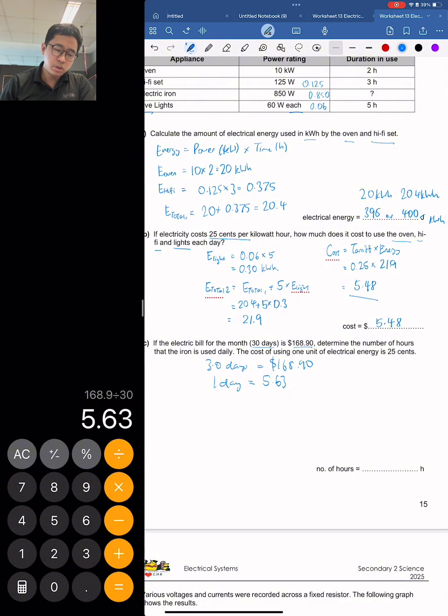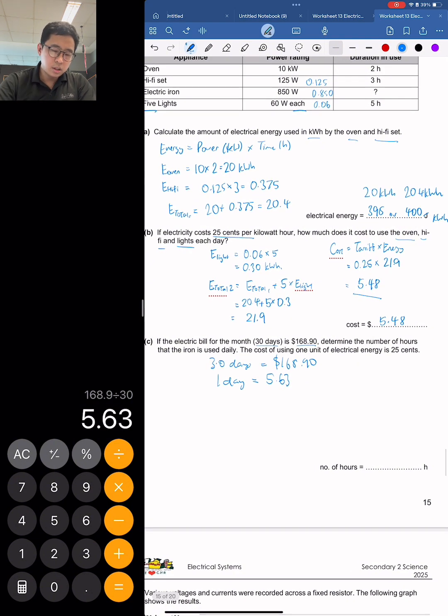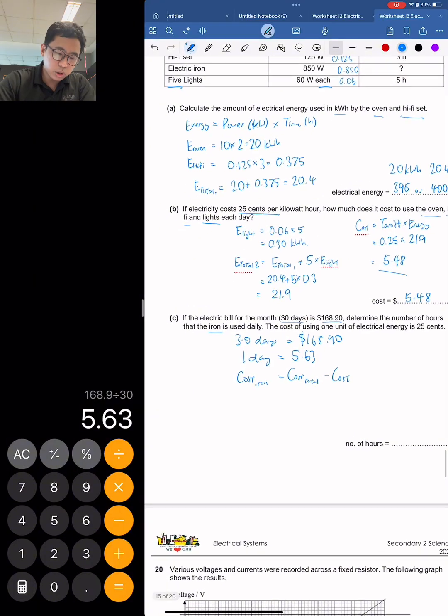Okay, so we want to calculate the number of hours we use the iron. So first we can calculate the cost of the iron. Right, it is cost total minus cost. Let's call this cost 1.